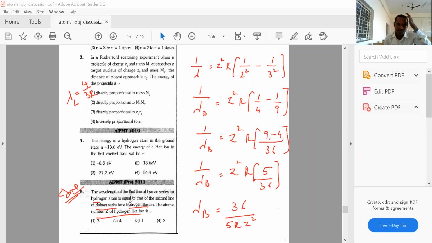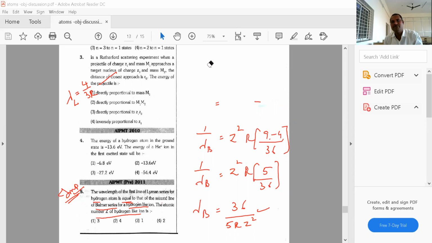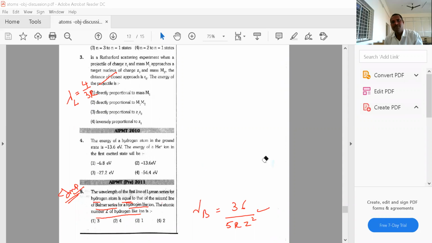Now according to the question, the Lyman series is equal to the second line of Balmer series, meaning this is equal to this, they are saying. Are you understanding? So let us equate them. They are giving that lambda of Lyman is equal to lambda of Balmer.